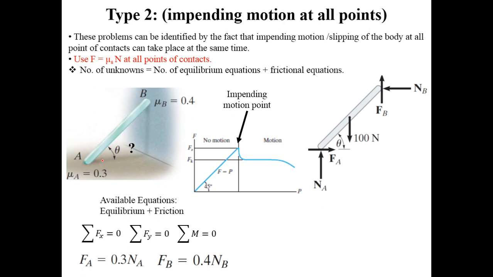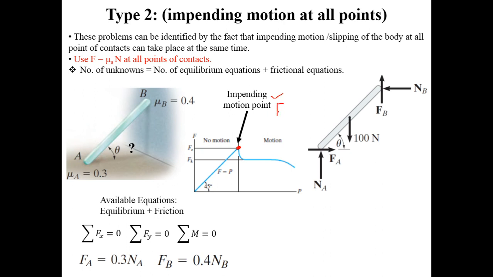This means that the points of contact appearing in your problem, all of them are going to lie at this point. And this point is what? Impending motion point. And at this point, the friction force is maximum. And what is the maximum friction force?